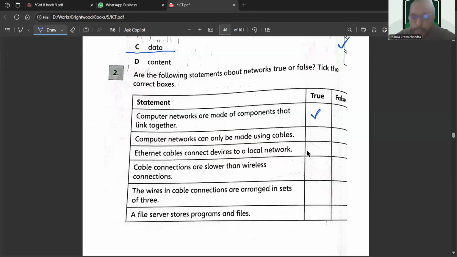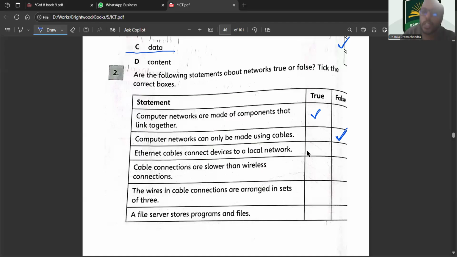Second one. Computer networks can only be made using cables. Is that correct? No, it's false. Why? Computer networks can only be made using cables. Is that correct? No, no, no. Computer networks can use what? Wired and wireless.